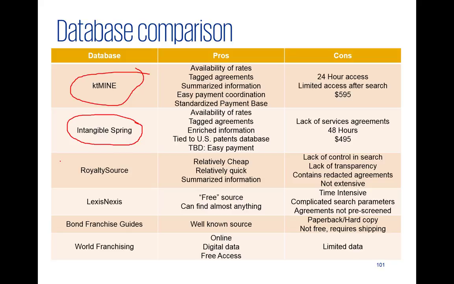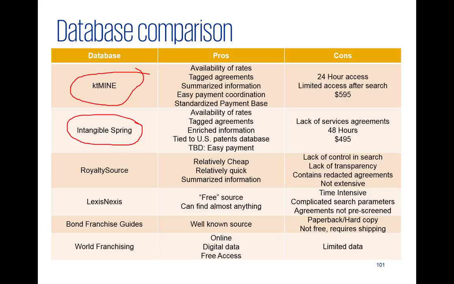There are some other sources you may turn to. Royalty Source, it's quick, it's cheap, which is all good, but it's not as effective at times, and it often has redacted agreements. So there's nothing worse than poring through an agreement, trying to figure out whether it's going to work for you or not, and then finding out that they've redacted something critical like the actual royalty rate.